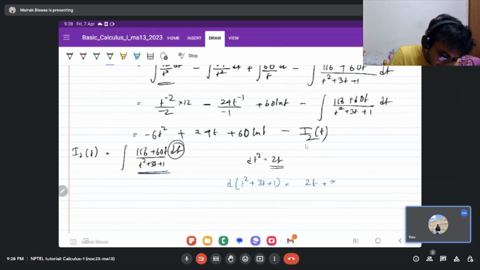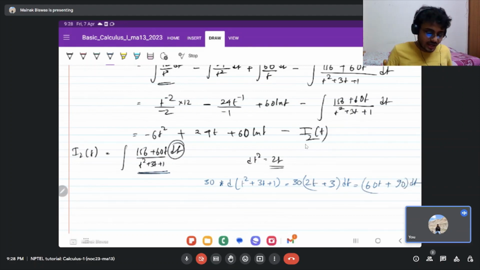This is 2t plus 3. So if I multiply this with 30 on both sides, I will have 60t plus 90 dt, right? So this is not enough yet.